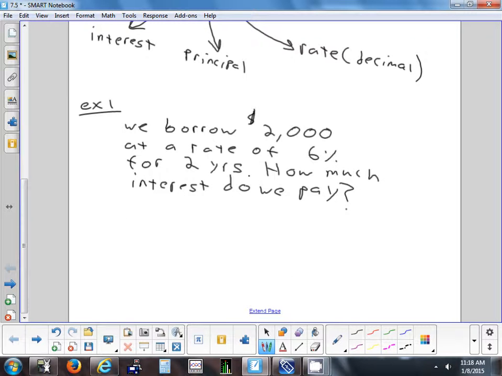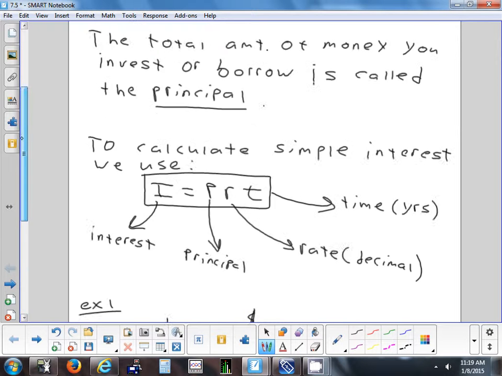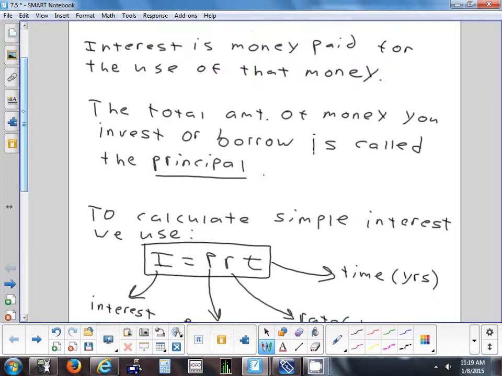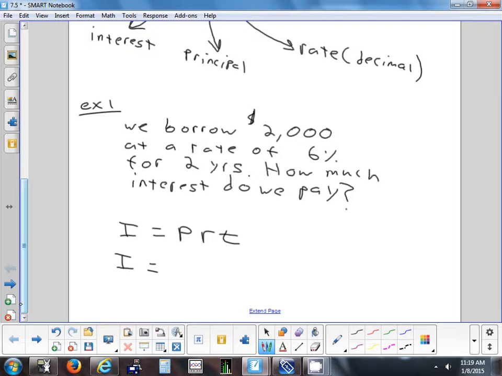So the first thing we need is our formula. Interest equals principal times rate times time. Which one of those numbers is our principal here? The 2,000. The principal is the amount that you're borrowing or investing, depending on which way we're looking at it.